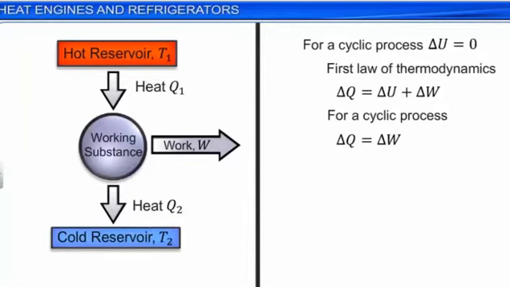Since the work done by the system is W, we get Q1 minus Q2 is equal to W. Let this be equation 1.